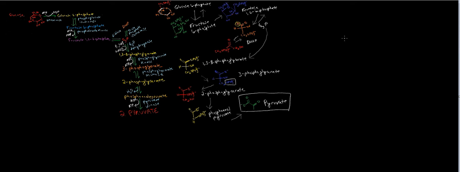Okay, but again, this is just a quick overview, as quick as I could without going too fast, of glycolysis. Remember, glycolysis occurs in the cytoplasm. And you make 2 molecules of pyruvate.